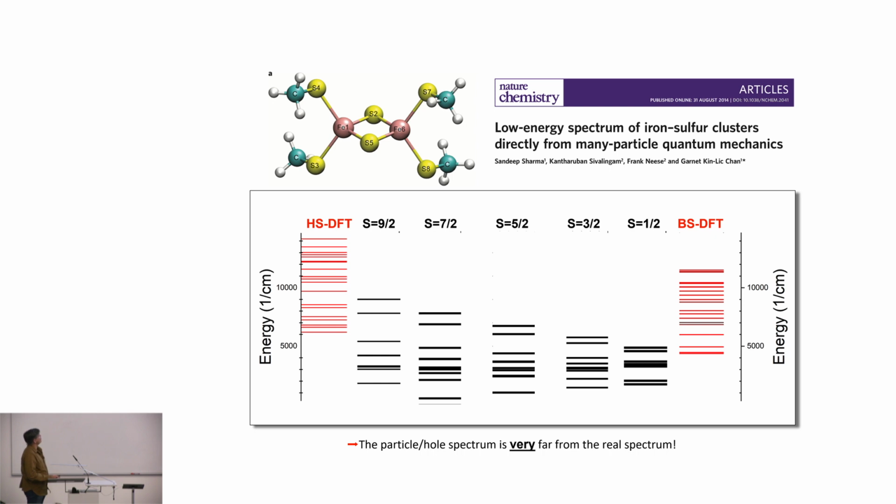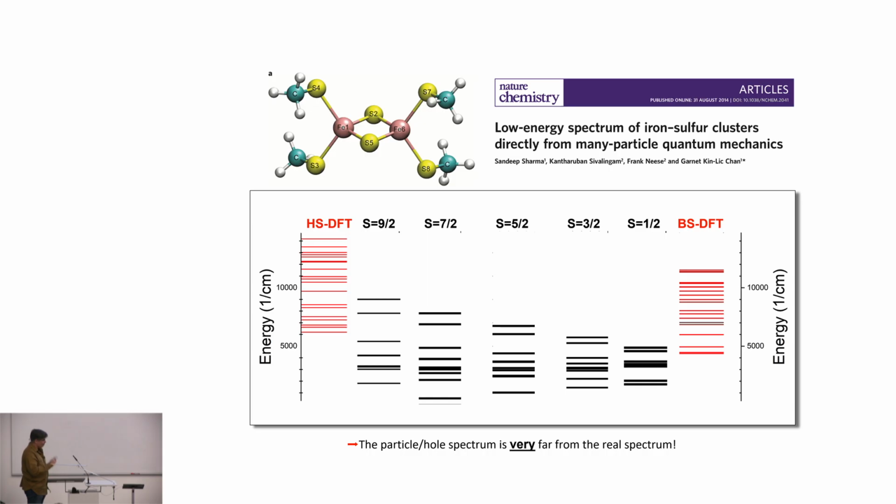Let me give you an example. So here is an iron-sulfur cluster. A few years ago, we went through some fairly high-level quantum mechanics, and I calculated the many-particle spectrum of a number of spin states of that thing. They're here in black.